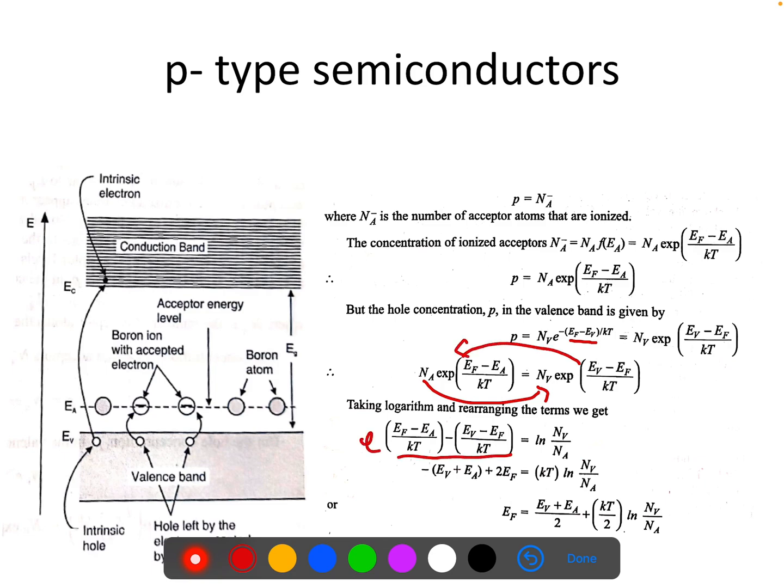Both will be exponential, so take the ln on both sides. So ln of E gets cancelled, and this value you are going to get. Then again simplify it, and you end up with EF as something like this. Now substitute this EF in this Na expression.